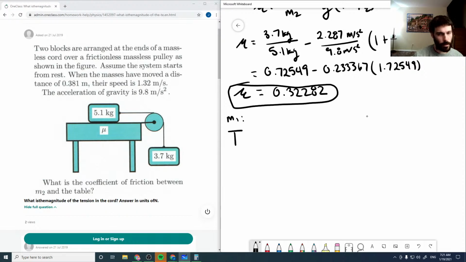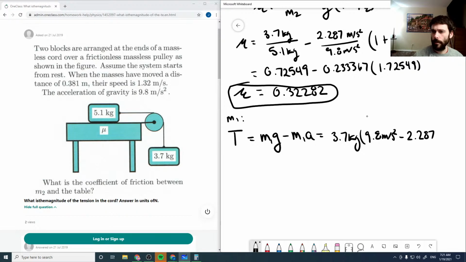So we had that the tension was M1G minus M1A, which is our 3.7 kilograms times 9.8 meters per second squared minus 2.287 meters per second squared, which comes out to be 27.798 newtons. So there's our tension from our M1 equation. We can also solve for it from our M2 equation, and it should be consistent. If it's not, then we've made a mistake.